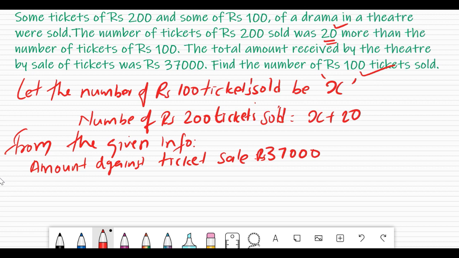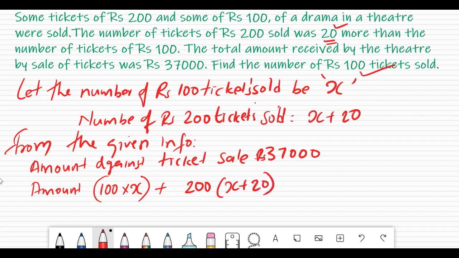Now if we try to calculate the amount, the 100 rupees tickets we sold is x, then we will add that amount with the amount from the number of tickets sold of 200. 200 rupees tickets we have sold x plus 20, correct? So we will multiply by x plus 20.